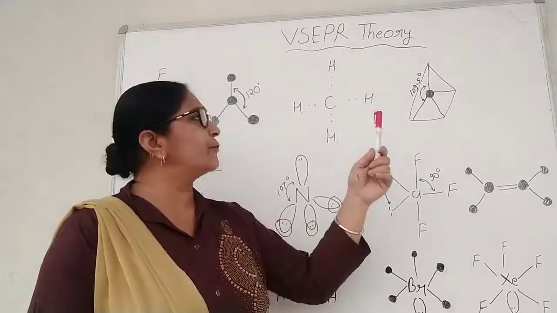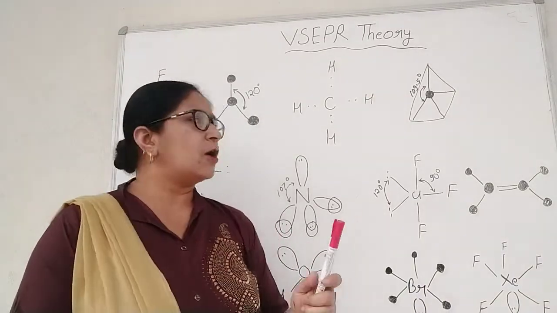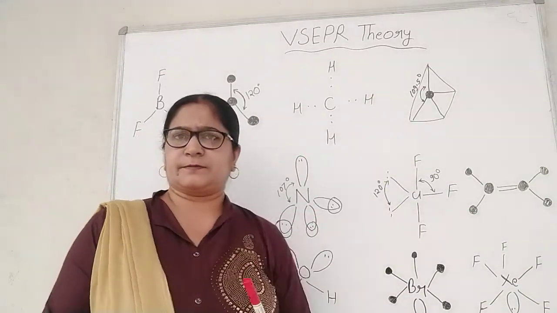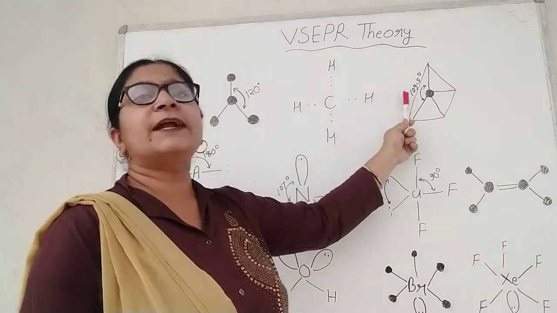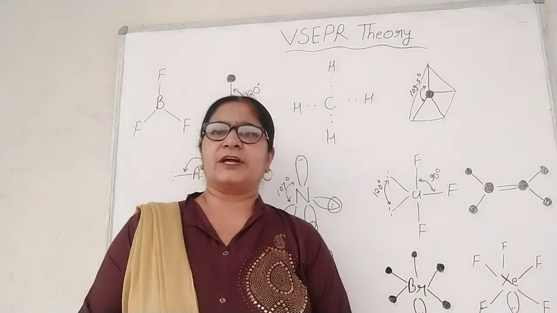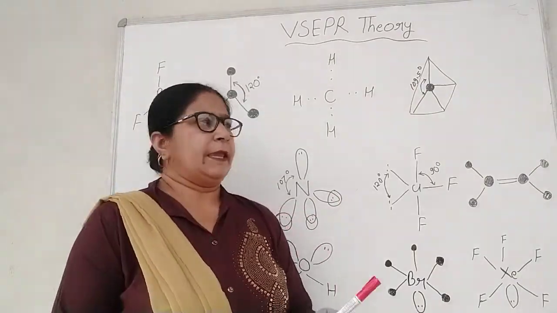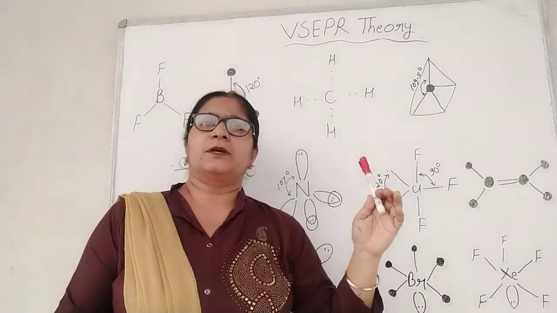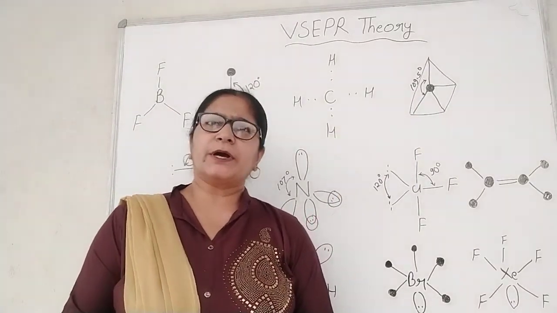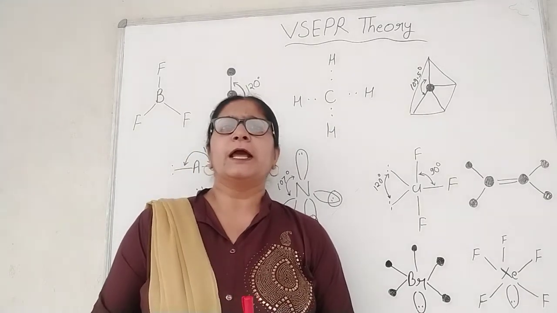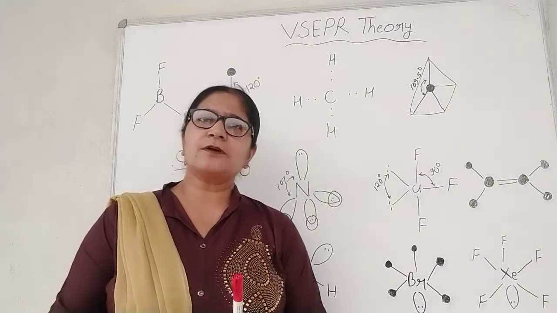As a result, all 4 hydrogen atoms arrange at the 4 corners of a tetrahedron, lying at equal distance from each other, hence methane has a tetrahedral shape. In the methane tetrahedron, the bond angle is 109.5 degrees.